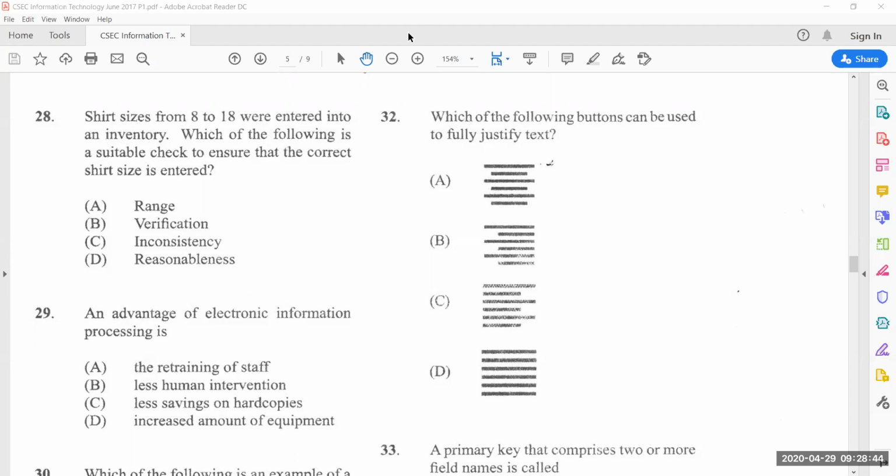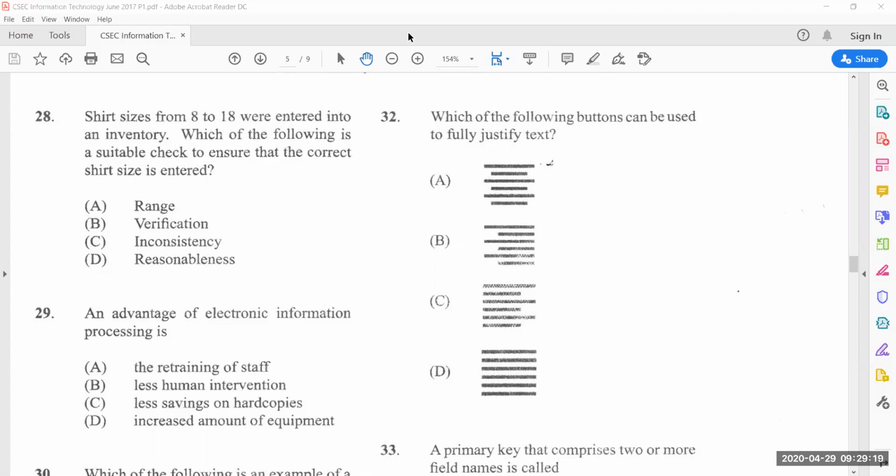What answers do you have for this? So is it a range check? Right, so there are two answers here that could be it. So we have the range check and the verification check. All right, so the range check, Dion has there.